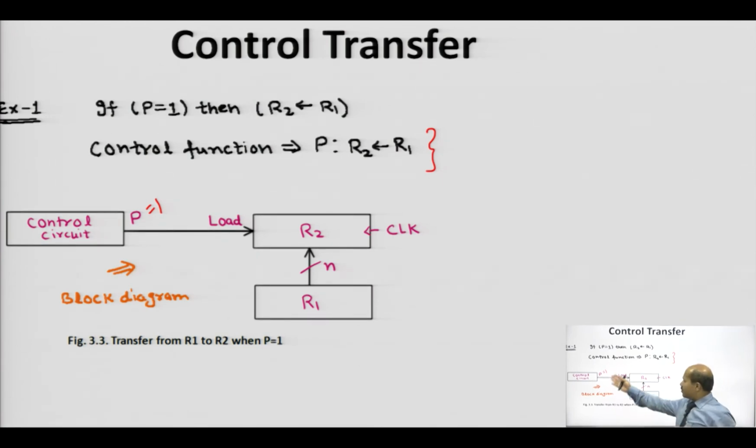So, the block diagram of this control transfer is shown here using some P signal, where P is the control signal, and if it is true, then only this transformation will take place, and the clock is used to synchronize this transformation, and all the n bits will be transferred in a single clock cycle, or in a parallel way.